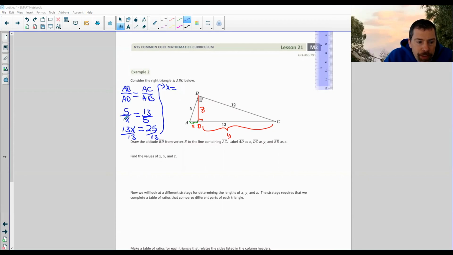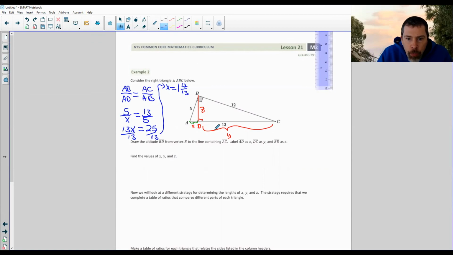It doesn't even reduce, but 13 will go into 25 one time with a remainder of 12. So x is 1 and 12/13.